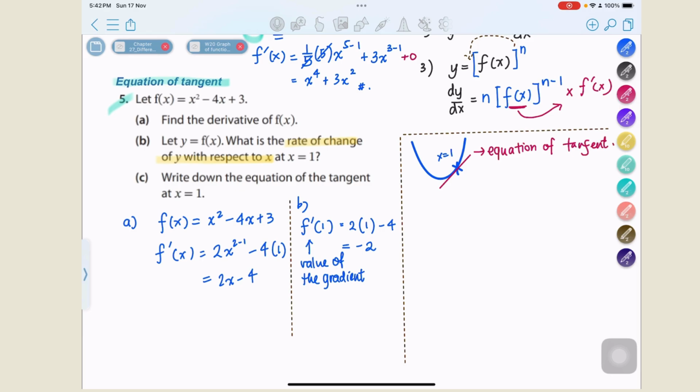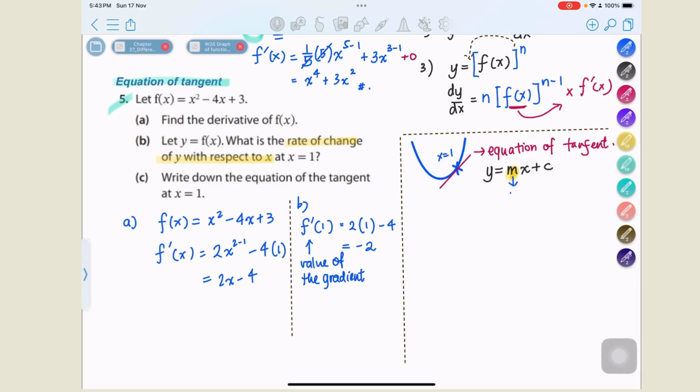How do we find the equation of tangent? The equation of tangent is generally a straight line, y equals mx plus c, whereby this time your m is no longer using the straight line equation formula.